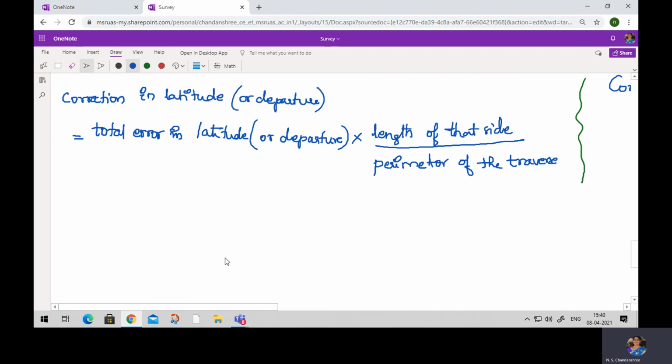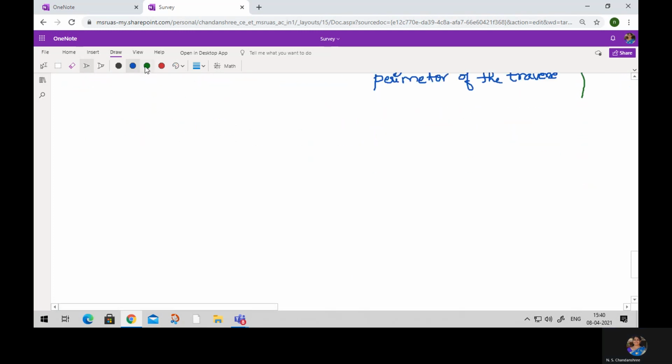So now we will solve one problem through which we will understand the application of Bowditch's rule and the transit rule. First is Bowditch's rule.